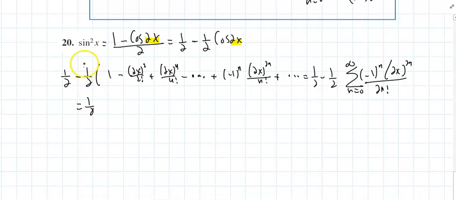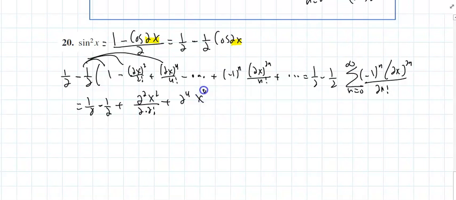This is 1/2 minus 1/2 plus this is going to be 2 squared x squared over 2 times 2 factorial. This is going to be 2 to the 4th x to the 4th over 2 4 factorial minus, when you distribute it into that, that's going to be negative 1 to the n.